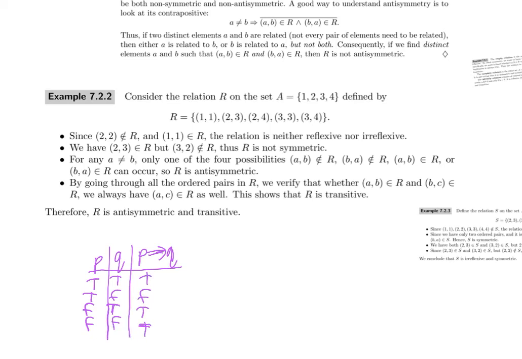The only time we have false for the implication is if P is true but Q is false. So when the premise is false, in other words, when (a, b) is in R and (b, c) is in R is not true, the if-then statement is true. The promise is fulfilled. So it actually turns out that this relation is transitive.